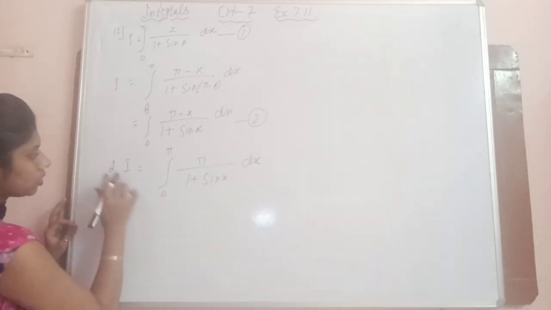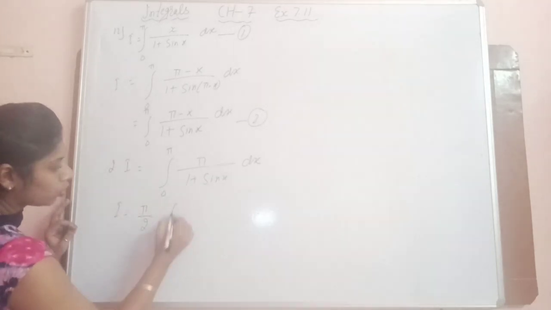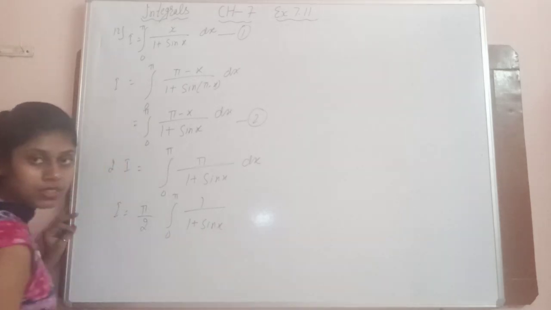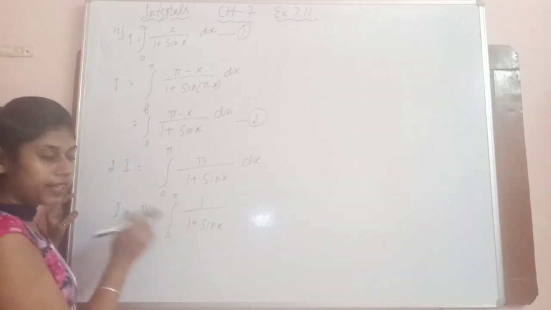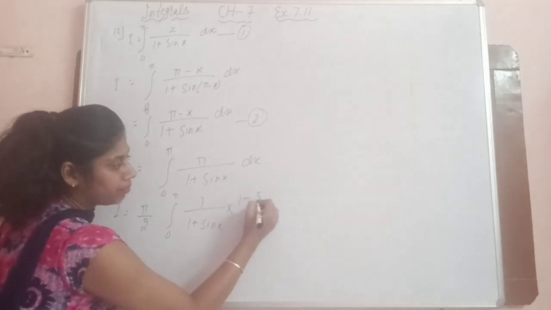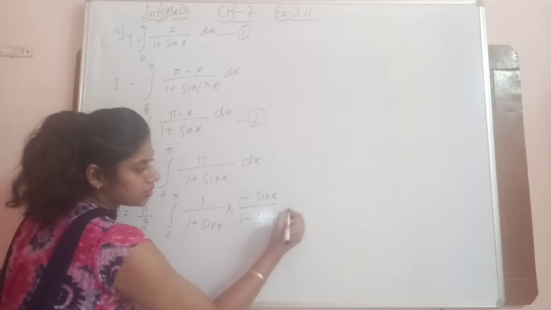So I is equal to pi, take it out, this 2 is in the denominator, integral 0 to pi, 1 upon 1 plus sin x. Here note one step, how to take the integration of this. To take the integration, we will multiply by 1 minus sin x and divide by 1 minus sin x.